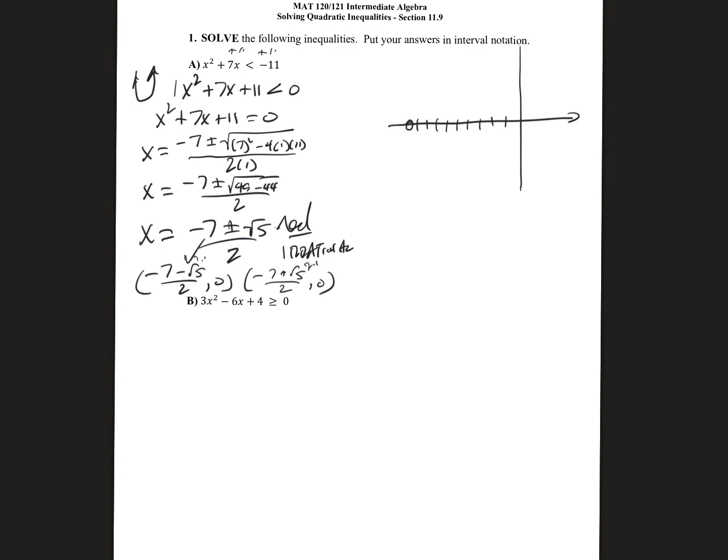Take 2.1 away from negative 7, so we're talking about negative 5 divided by 2, so about negative 2.5. So we have another one right there. I have a parabola that's opening up, we know that from our earlier discussion. So here is a quick sketch of what this parabola looks like.